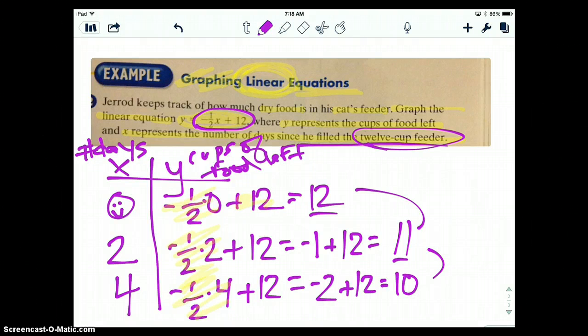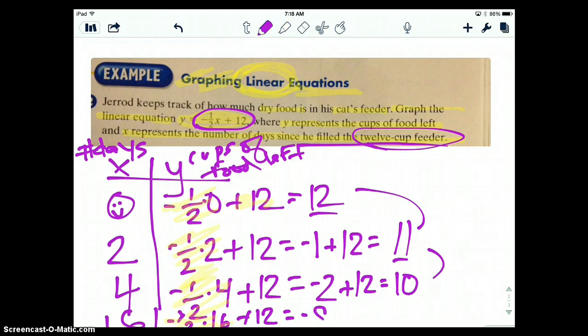So I was right. Now, I could skip ahead and pick something much bigger than that, like 16. So let's say I pick 16. So now from there, I have -1/2 times 16 plus 12. -1/2 times 16 is negative.